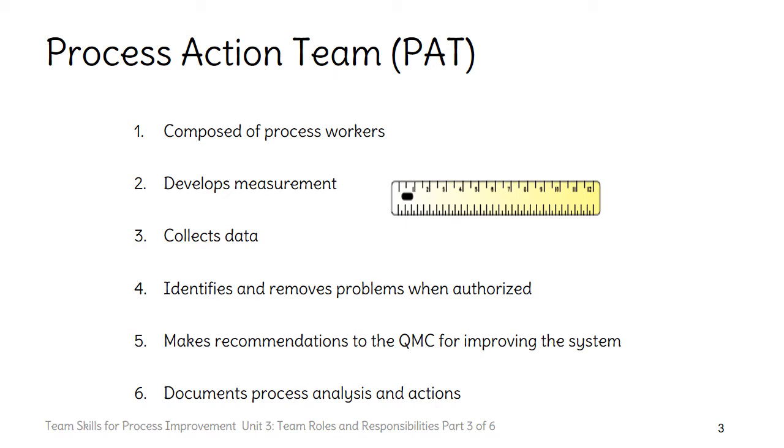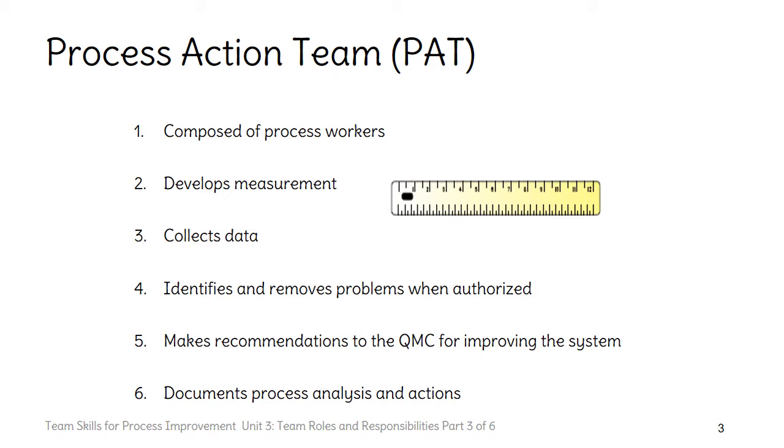Ideally, the QMC provides the PAT with a charter or process improvement plan, a process flow chart, a history of past process performance on some output or outcome measurements, and the process performance goal. What the team probably will not have is information on the causes of variation in the outcome. Therefore, one main job of the team is to identify the causes.